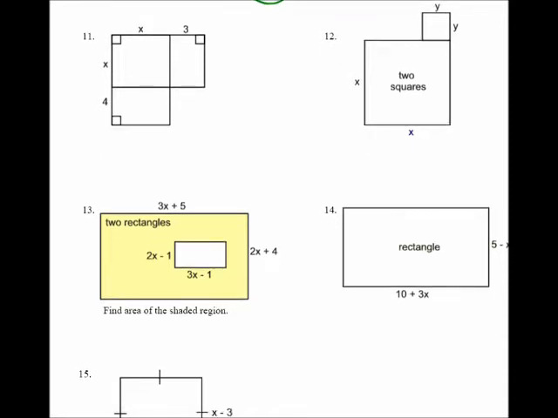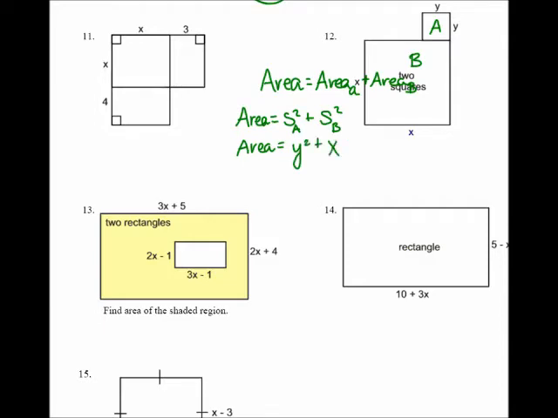So here, I like to think of this maybe as two different figures, A and B, and I might do area equals area of A, okay, plus area of B. And then I know that the area equals side squared plus, it's another square they tell me, side squared, and one is of A and one is of B. So my area is going to be y squared plus x squared. And if I wanted to write that in standard form, that would be alphabetical. So x squared plus y squared, unit squared. That's going to look kind of crazy, but that's the answer. Okay?